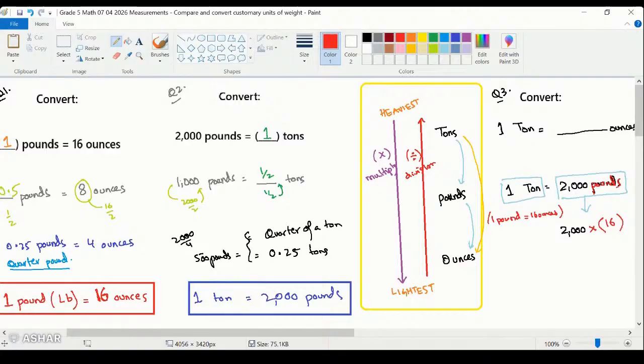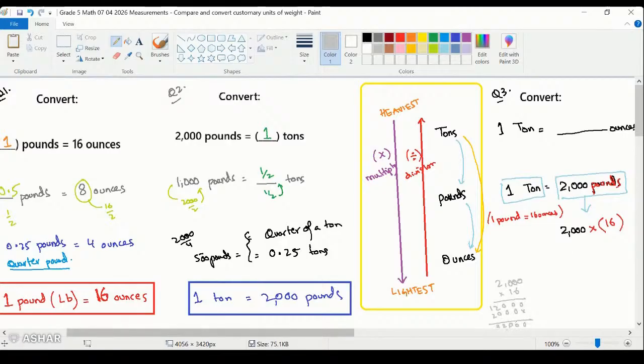So when we multiply, 2,000 is multiplied by 16. 6 times 0 is 0, 0, 0. 6 times 2 is 12. 1 times 0 is 0, 0, 0. 1 times 2 is 2. So can we say 0, 0, 0, 2, and 3?